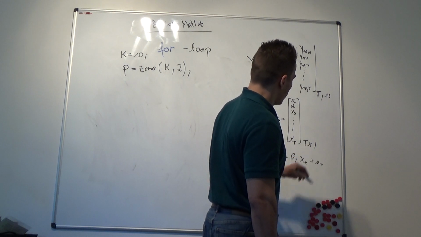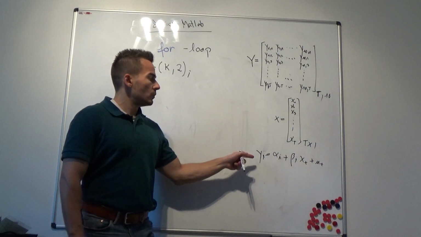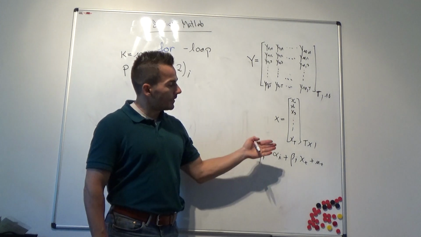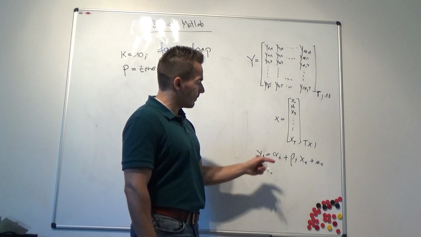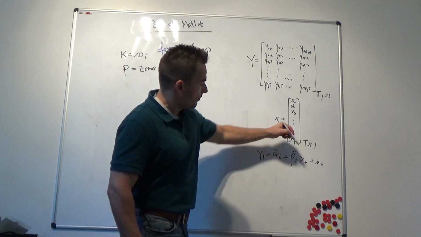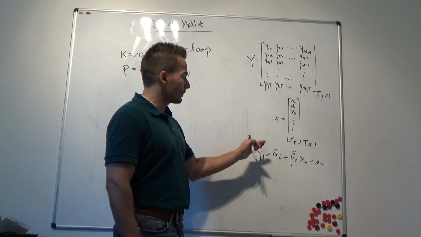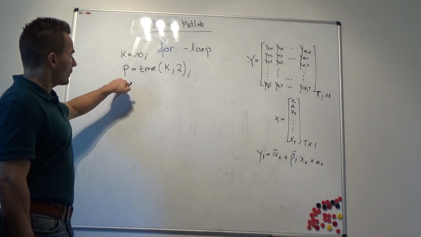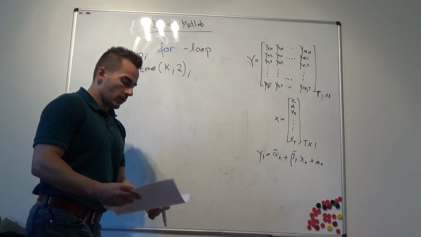That's the regression, and we do it capital K times. For each single regression, we get the corresponding estimates, alpha hat and beta hat, and we store them in that matrix P. That's what we want to do.